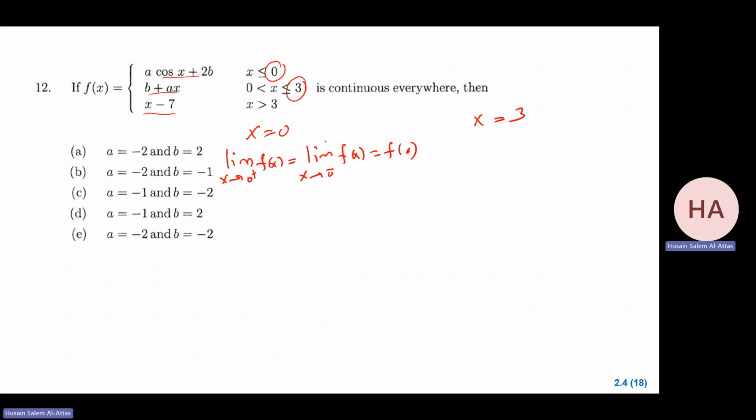Sometimes they do a trick there or there, but it's okay. Positive, I am here, substitute, you have b. Negative, I am there. But at 0, you have what? Cosine 0 is 1, so it will be a plus 2b. f of 0 will not make a difference. So you have a equals minus b. Now, at x equals 3, we'll do the same.